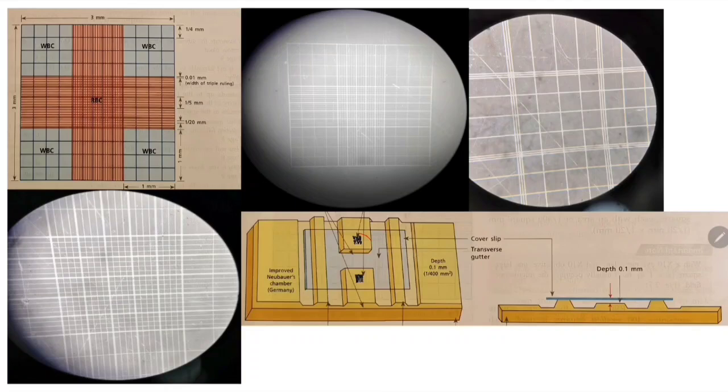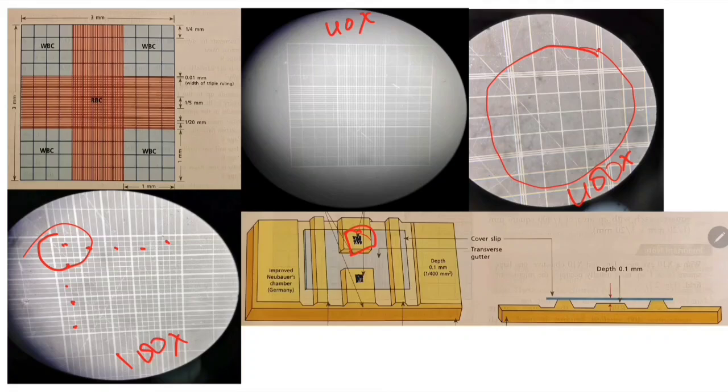So we have different linings. This is 40x total, this is 100x total, this is the 400x of this area. Clear? Here we have 1, 2, 3, 4, 5 and we are going to focus one area. Inside this one area we have 1, 2, 3, 4, 1, 2, 3, 4. Okay.